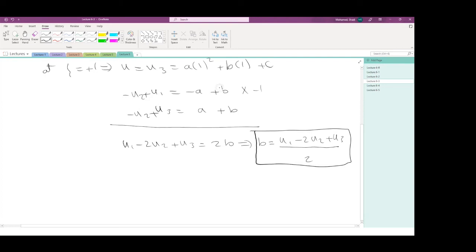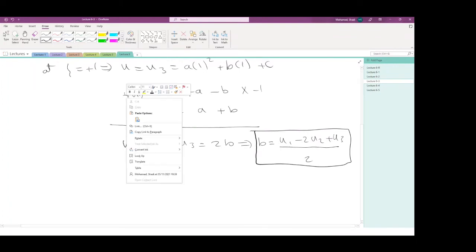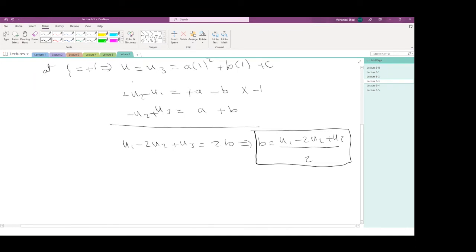And then I need to repeat the same thing, but multiplying the first equation with -1. This will become minus, this will become plus, this will become minus, and this will become plus. Now add them together.